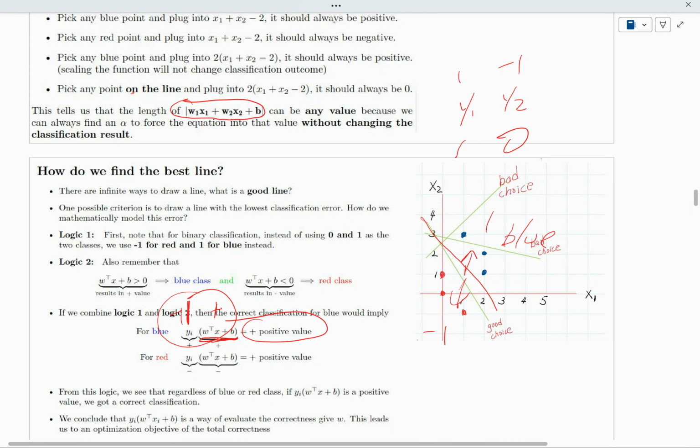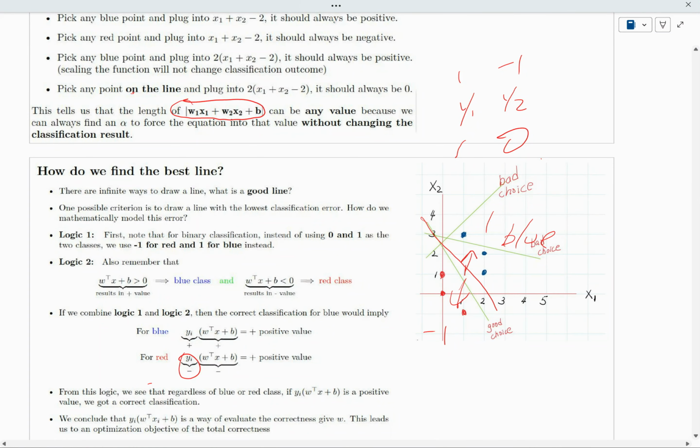In contrast, if it's red, then the label is going to be -1. And whenever we put a point in, if it's part of the red, the line value should be negative. This implies that we have a negative value times a negative value, giving us a positive value. So if we correctly labeled it, then this part should be positive when this part is positive, and this part should be negative when this part is negative.